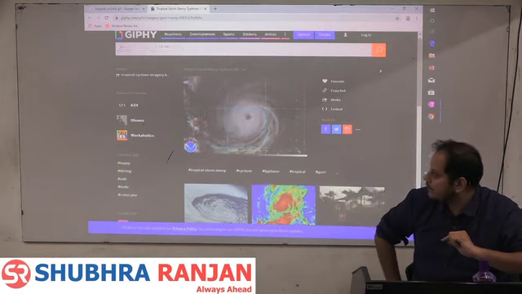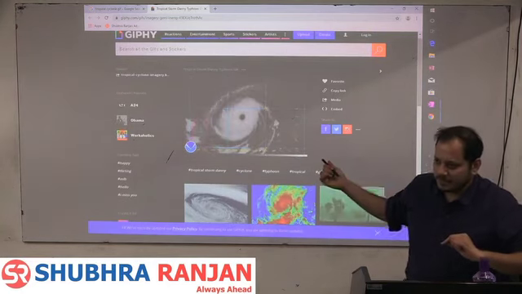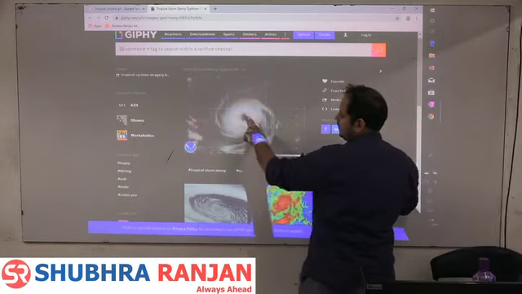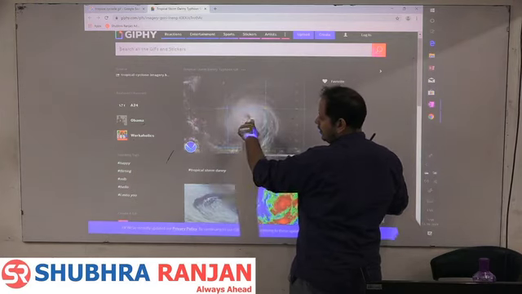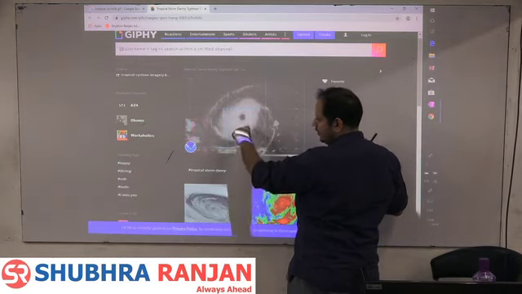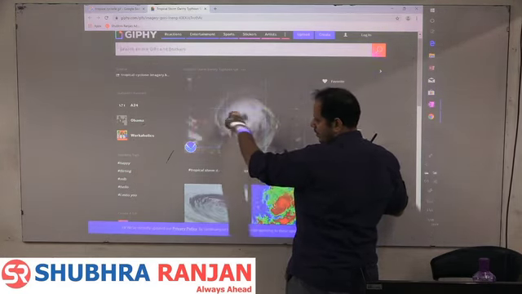Understanding? This is the same diagram we have drawn. Which is more powerful? PGF. Therefore, winds are being forced to come inside.